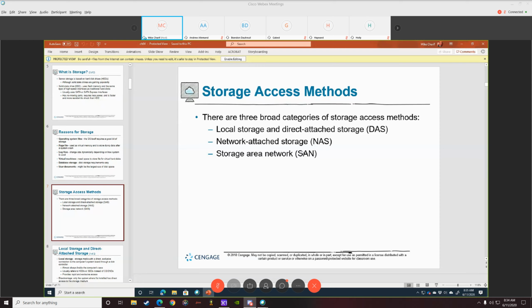Now, for the enterprise environment, this is very important: the storage area network, virtualization, and enterprise. This is very popular. The SAN in the virtualization environment is very, very popular.